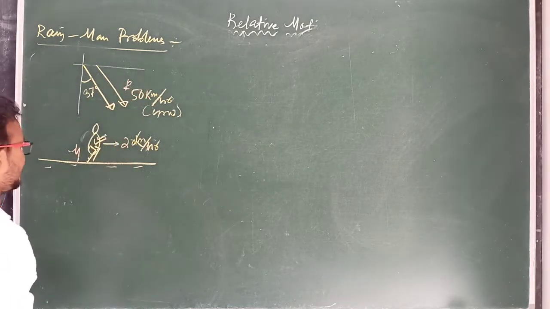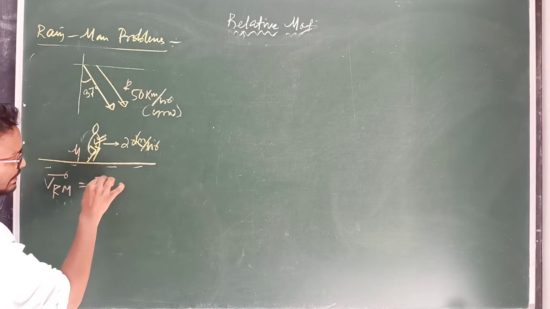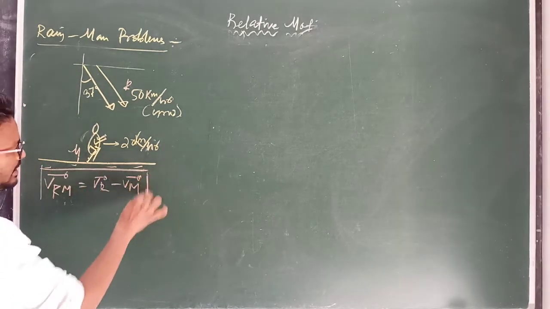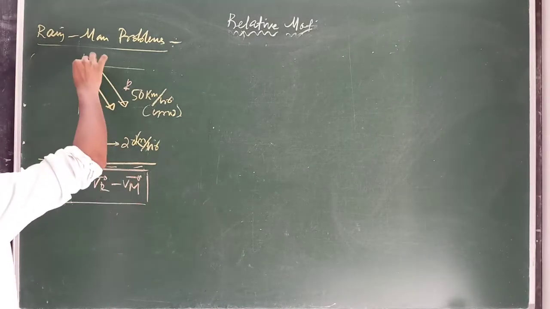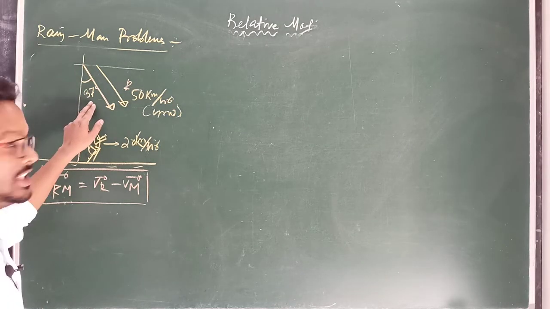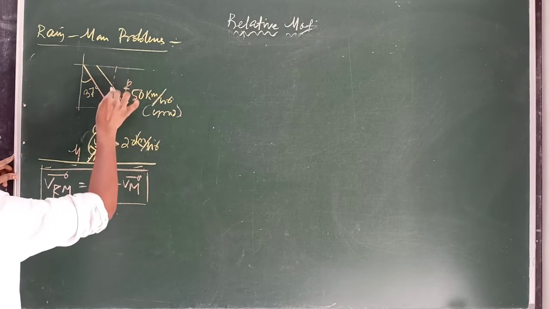So in this case we have to find the velocity of rain with respect to man, meaning Vr minus Vm. First we have to find Vr, the velocity of rain, because it is falling downward at a certain angle, the vertical angle 37 degrees. We already know how to resolve a vector into its rectangular components.